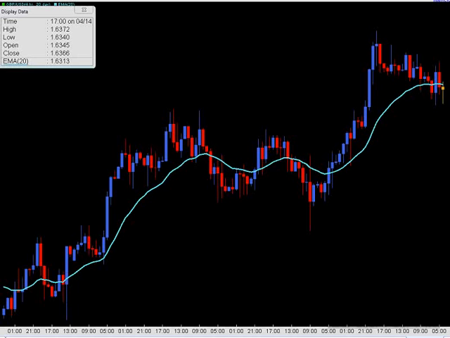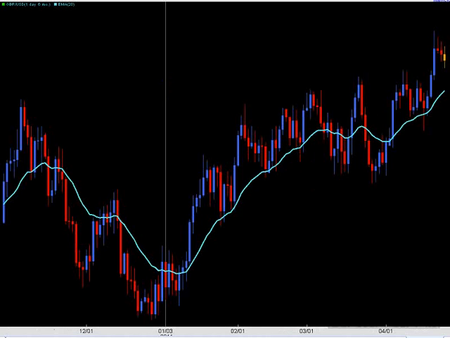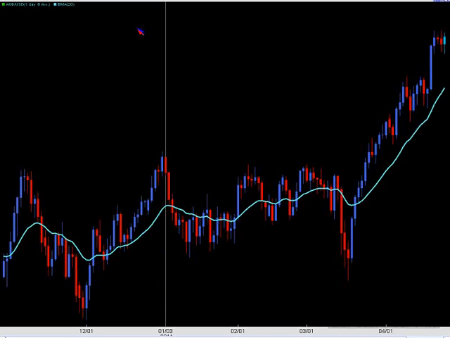Case in point, let's take the Aussie dollar. Okay, so Aussie dollar since the middle of March has been on a tear.